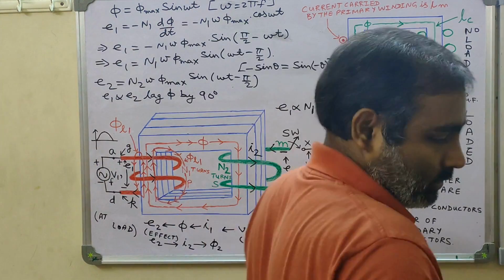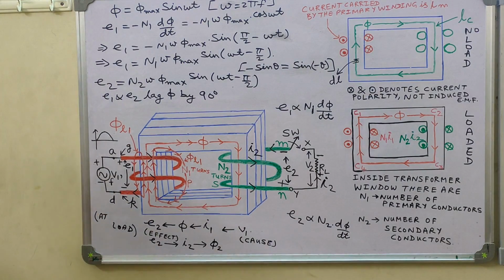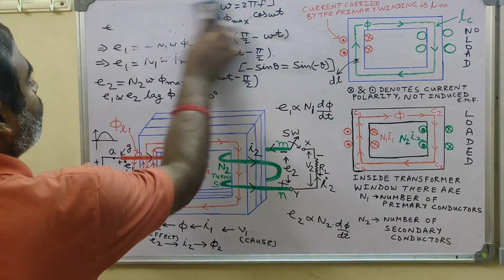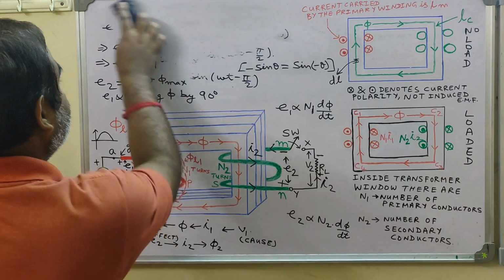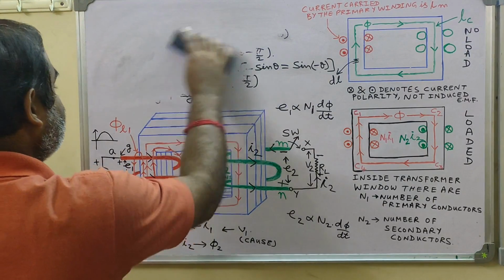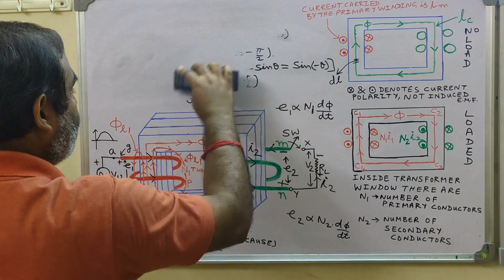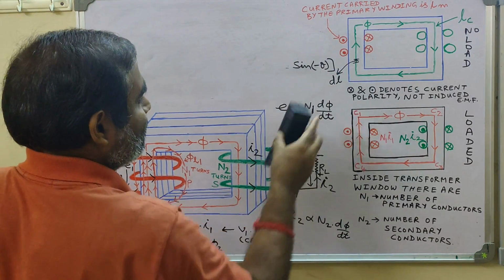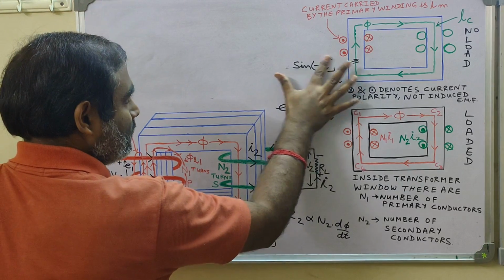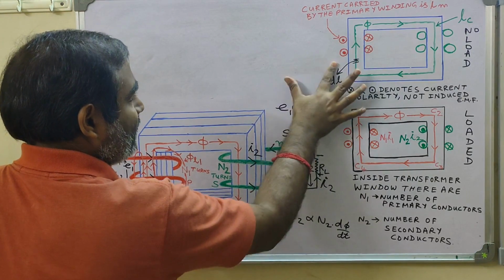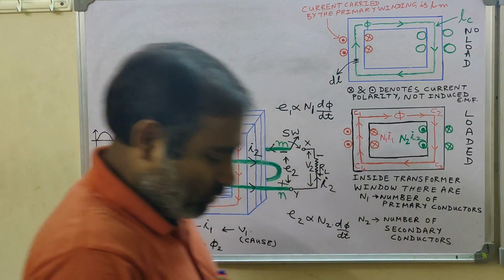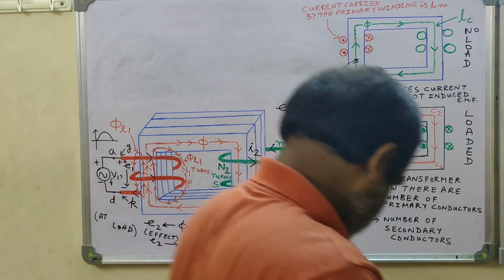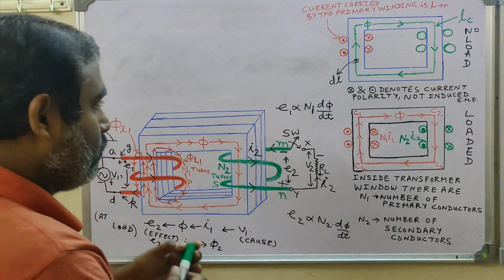Now let us come to the thing which we want to do. We want to analyze the magnetic circuit of the transformer. For analyzing the magnetic circuit, we will apply the Ampere circuital law. So we simply find what is the current enclosed by the closed path. Let us name the closed path. I have actually named it once, so let me name it once more here.